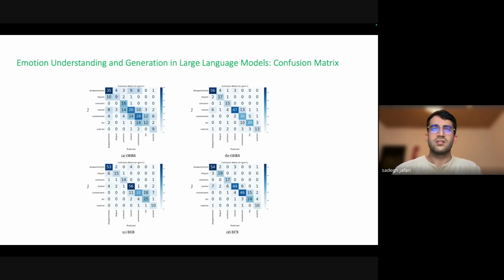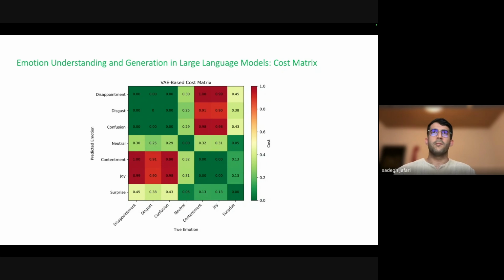To address this problem, we made a cost matrix. First, we made a manual cost matrix, but after comparing it with the automatic one, this is the automatic one, we decided to use the automatic cost matrix.